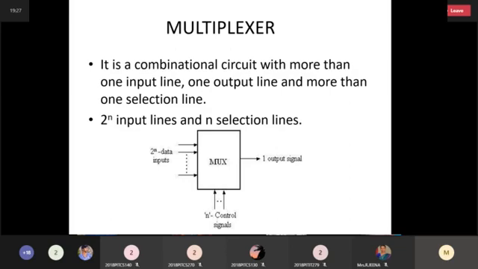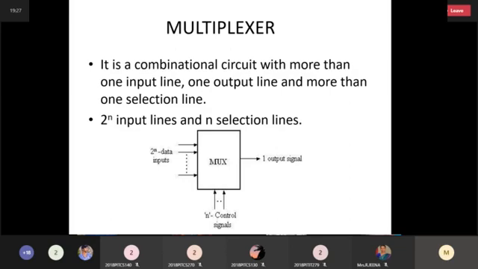That is n control signals. So it is a combinational circuit with more than one input line and only one output. If you are giving any number of inputs, 8 input, 4 input, 16 input, 32 input, you are having only one output.